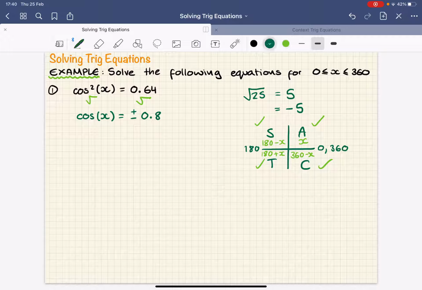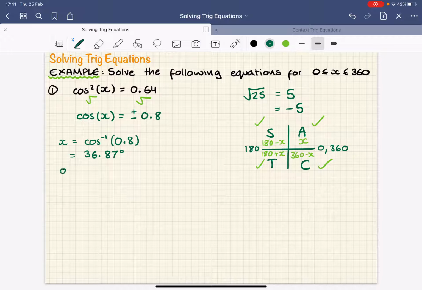So I'm going to now do my inverse cos to find out what x is. Which is going to be 36.87 when I round it to 2 decimal places. So that's one of my answers.